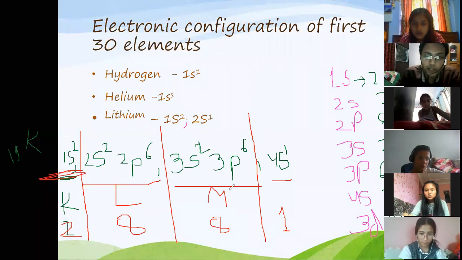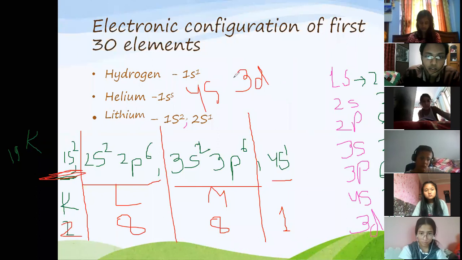Now, if you ask why not 289? 289 would be possible if 3d would come before 4s. In the Aufbau principle, energy is what matters. That law says we have to fill the electron in the orbital which has lower energy. According to that rule, out of 3d and 4s, 4s has lower energy, that's why 4s is filled.